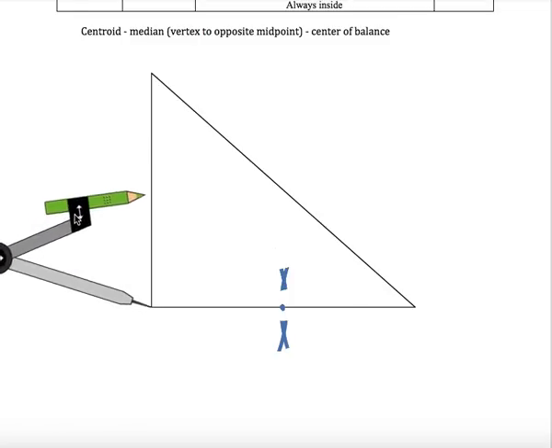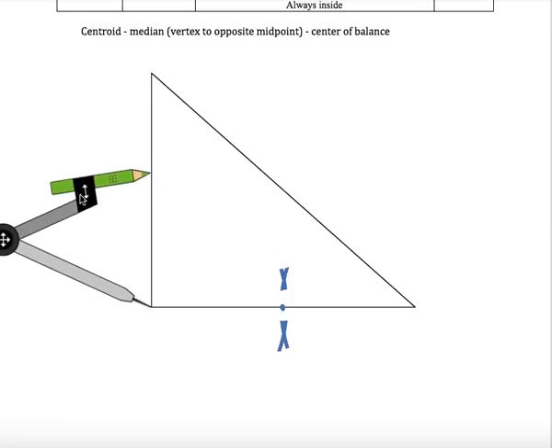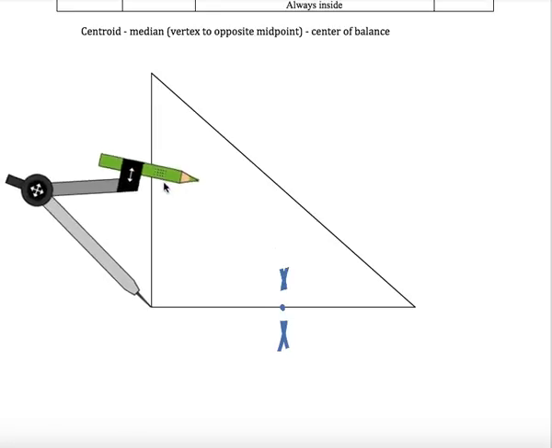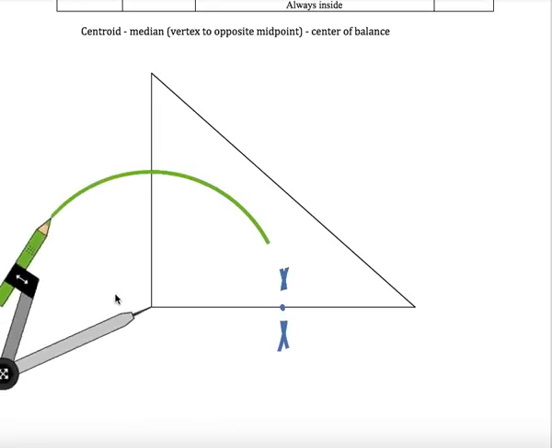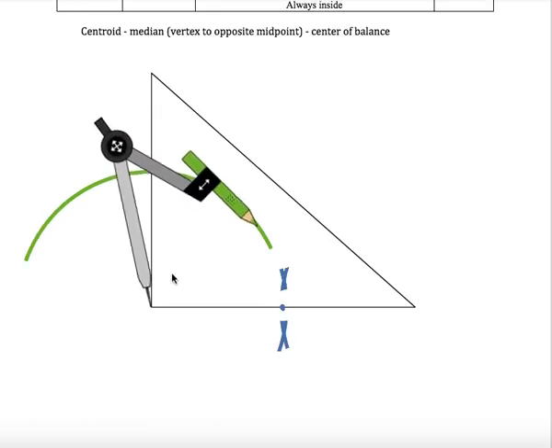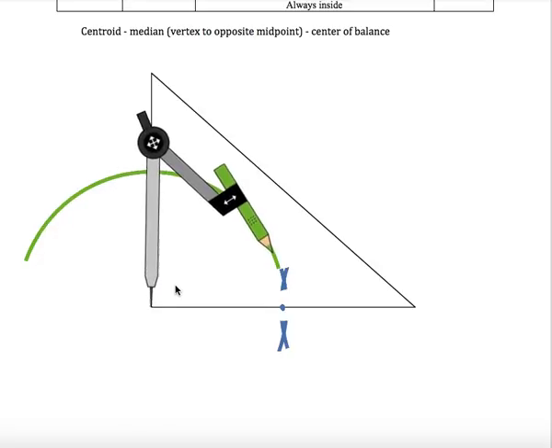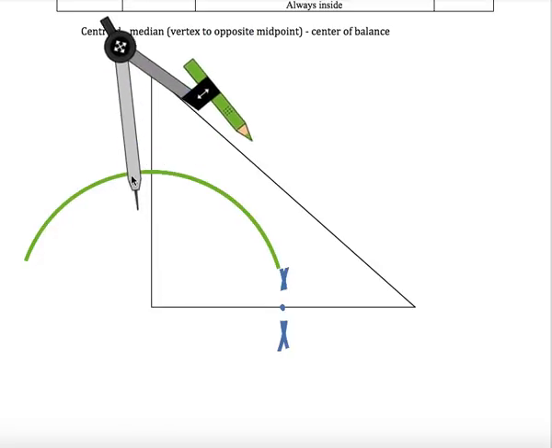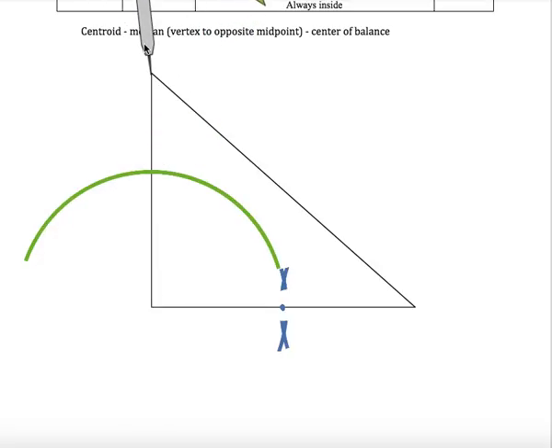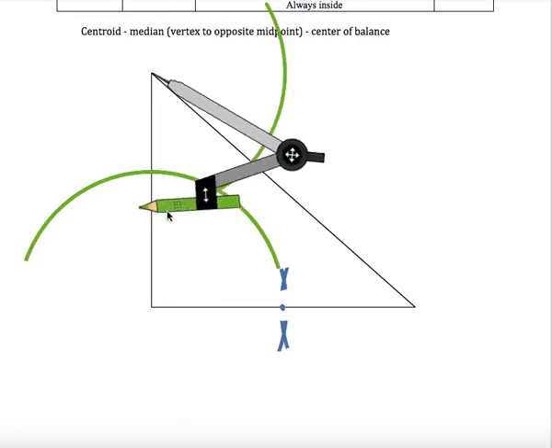And I want to make sure that I'm over halfway, so I'm going to go a little bit further this time so that my arcs aren't so close together. So I'm going to create my arc above and below that side. Once I get it, I'm going to go to the other endpoint, and I'll create that arc that will cross it.